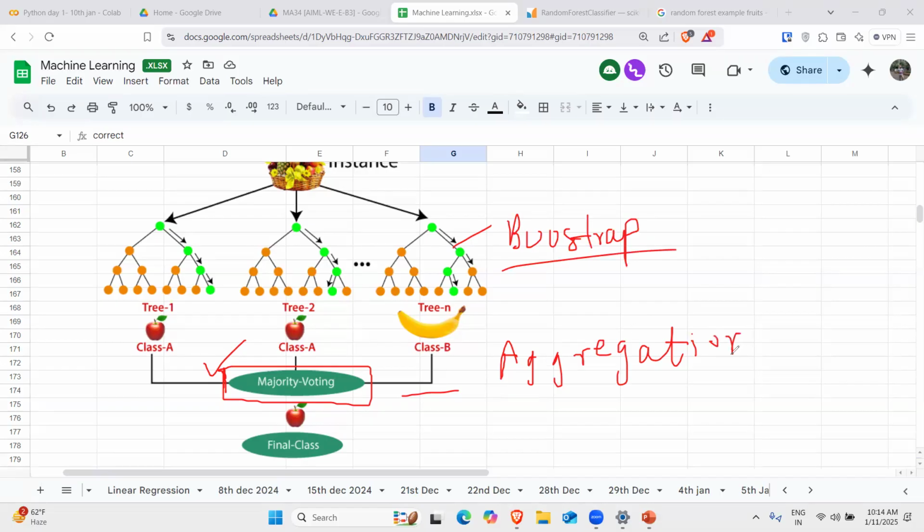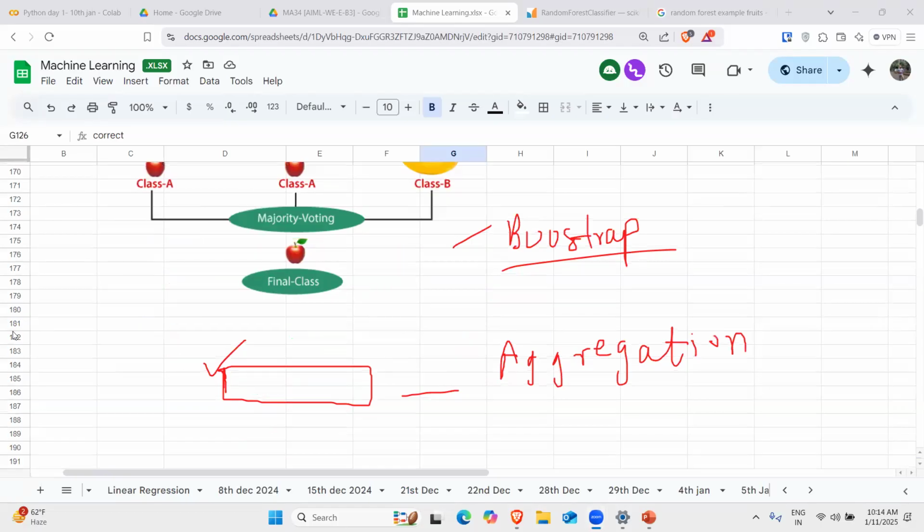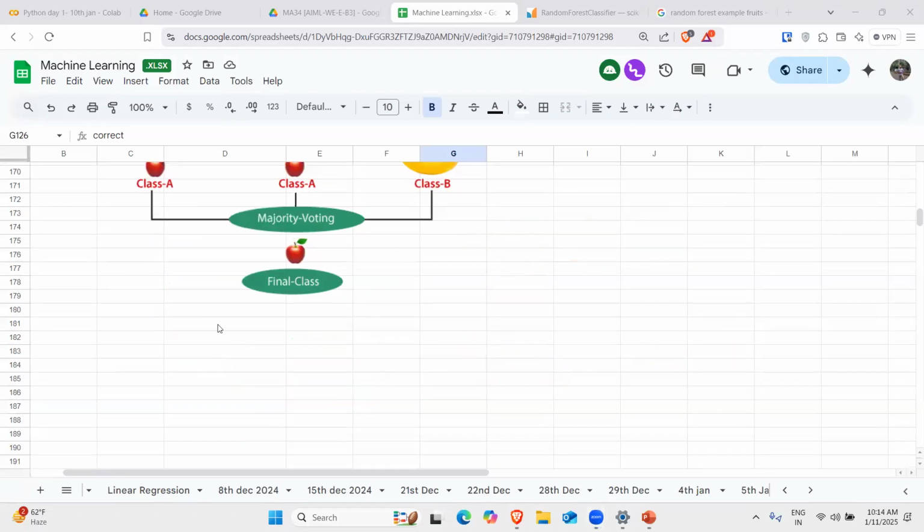And what is aggregation? Let's say you are preparing for a campus interview. You are in the final year of engineering, and we used to have campus interviews, right?